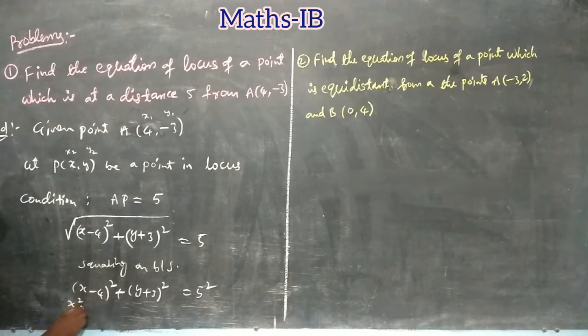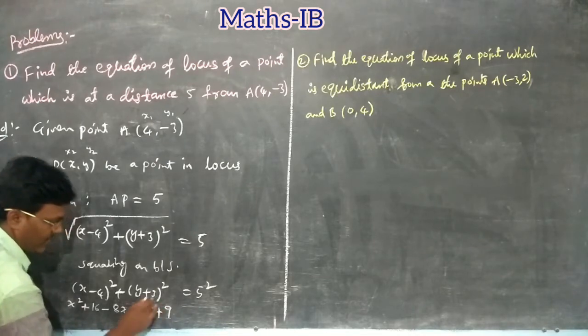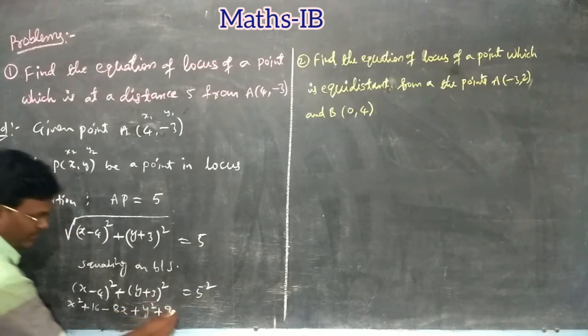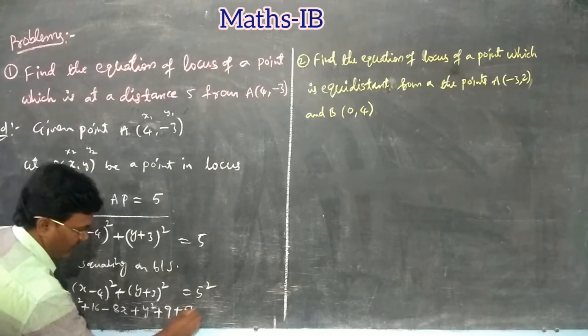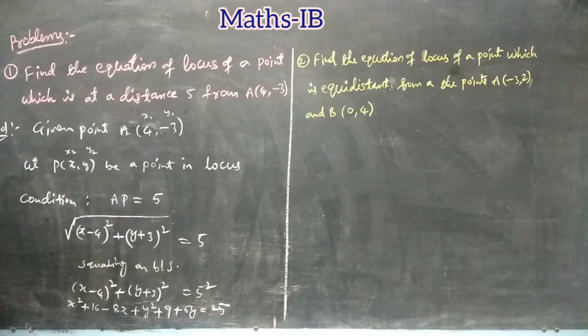X square. So 4 square value is 16 minus 2ab means 2 into 4, 8x plus y plus 3 whole square. Y square. 3 square value is 9, next 2 into 3, 6y is equal to 25. Okay. So transfer this value to the left side. So what we got here?